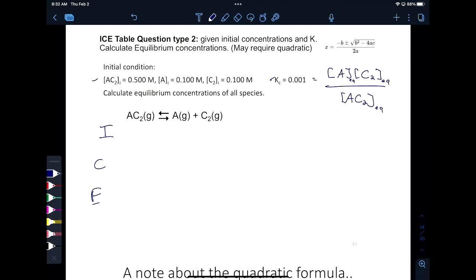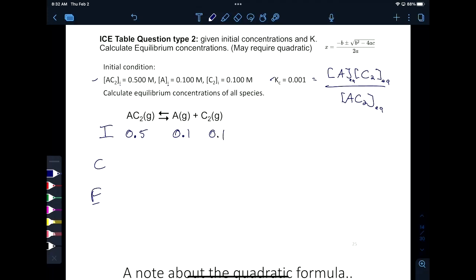So if we plug in the values that are given in this question, so AC2, note how I put these I subscripts here to indicate initial concentrations. Are we okay back there? Okay, all right. So I'm just going to plug those in. So 0.05, 0.01, 0.01, all in molarity.